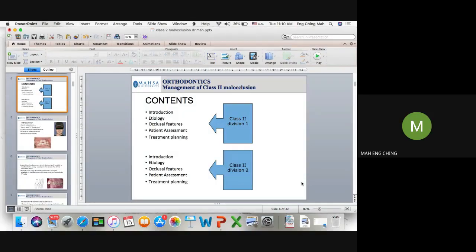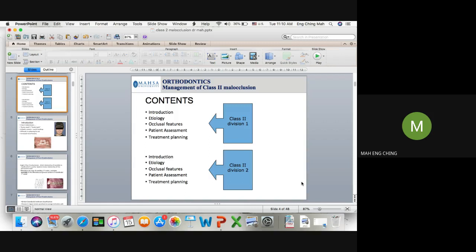Tell me about the occlusal features of this class 2 division 2. It's the retroclination of the upper central incisor. Say again? Retroclined upper central incisors. Then how about the lower incisor? Usually crowded, because the upper incisor is pushed backward, causing the retroclination of the lower incisor also. That's why the incisors are usually crowded.